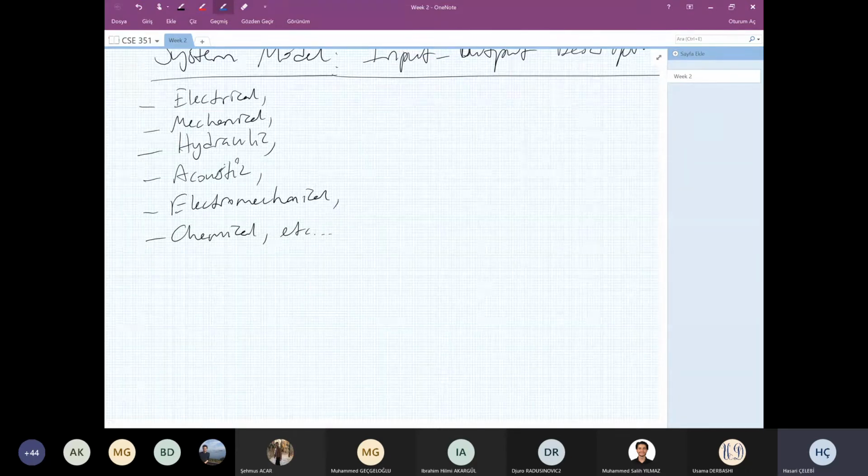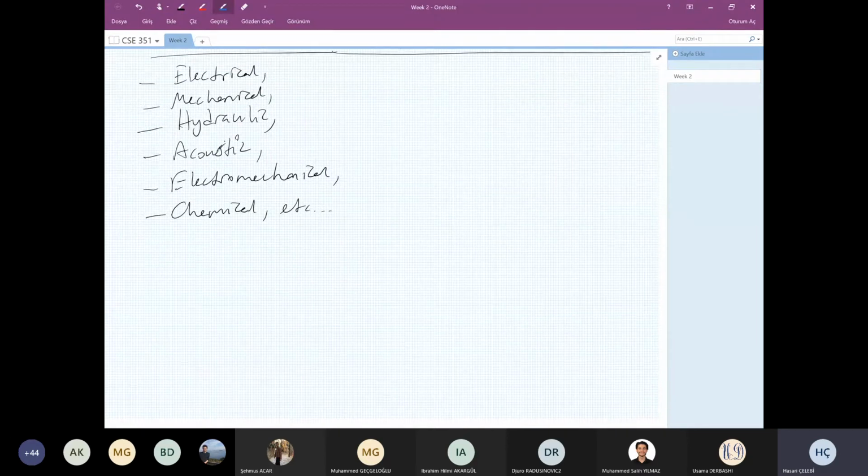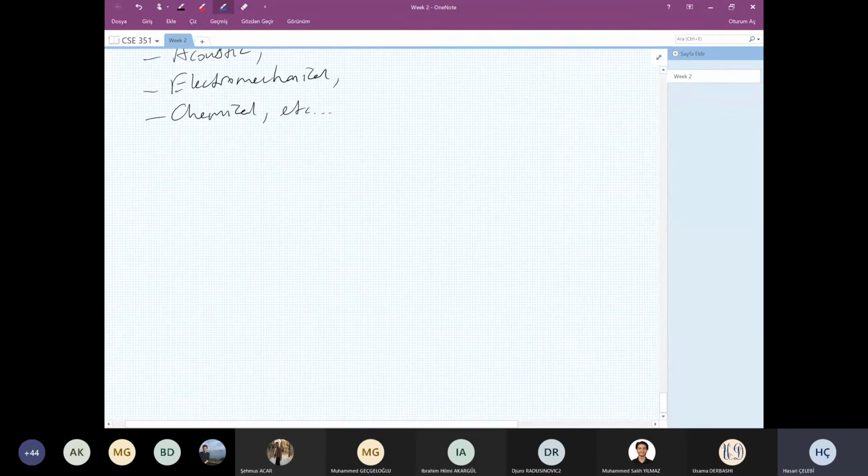We need to model such a system in order to analyze it, and at the end we need to come up with the system expression. Okay, to give an idea, I'm going to show you a simple system. How do we come up with a model or analyze such systems?